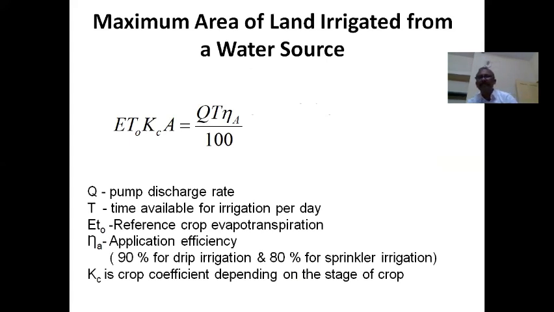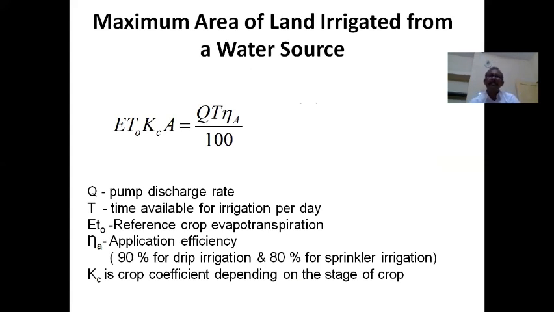If you visit a field and look at a water source and ask the farmer what discharge rate is possible from it, he says 5 liters per second, we can pump for 3 to 4 hours per day, and I want to lay the sprinkler system for say 10 hectares with that water.